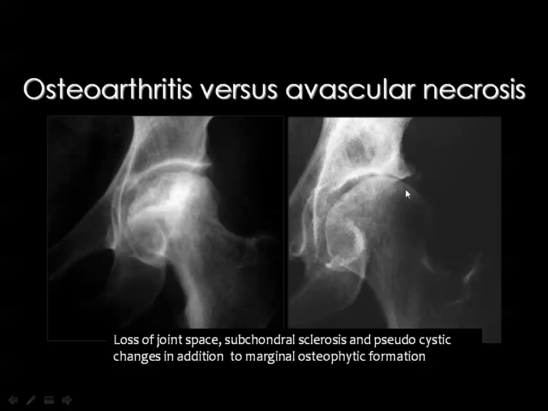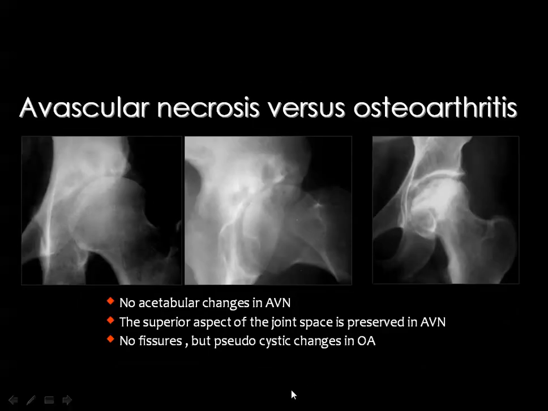There are osteophytes, there is subchondral bone sclerosis, and this is osteoarthritis. And this is the difference. This is avascular necrosis, and this is osteoarthritis of the hip. In this particular example, you can see the pseudocystic changes, which are well appreciated in the acetabulum as well as in the femoral head.